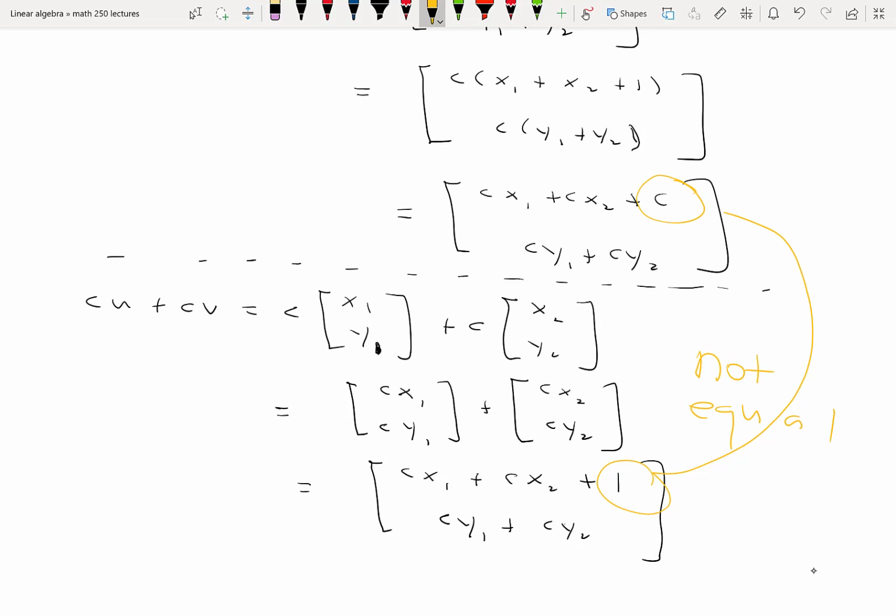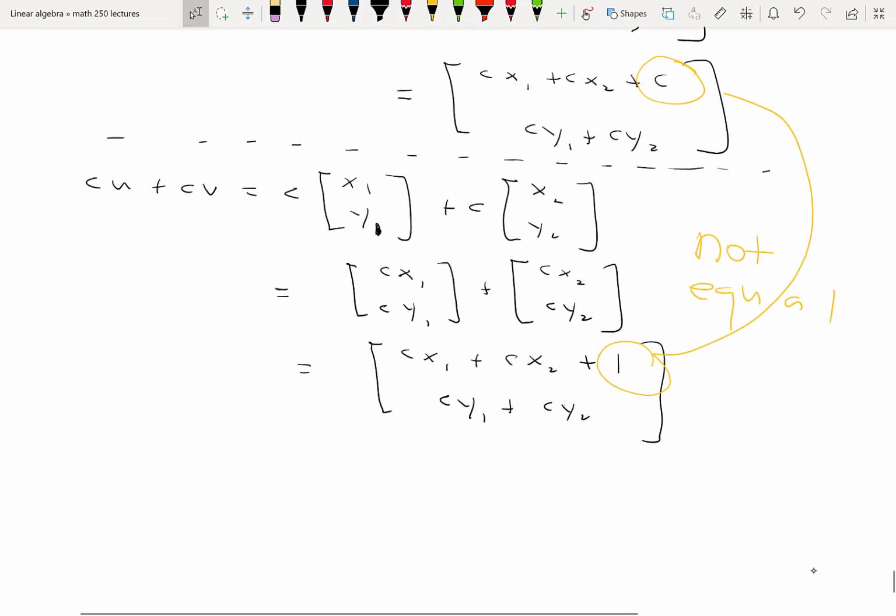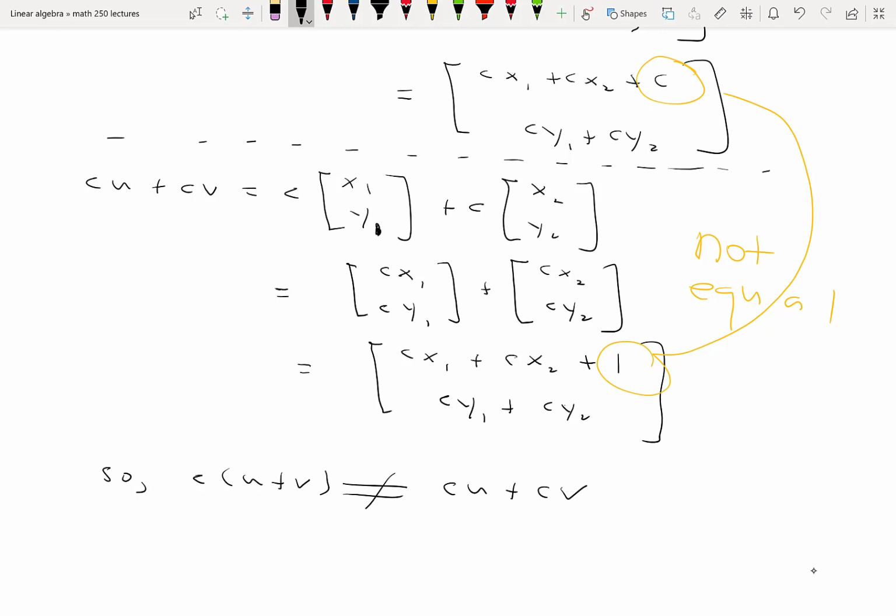This set, the same set as we did in the last example, it was a vector space. This set is not a vector space under these new operations. So C times (u plus v) is not equal to Cu plus Cv.